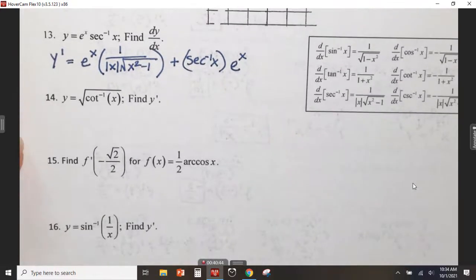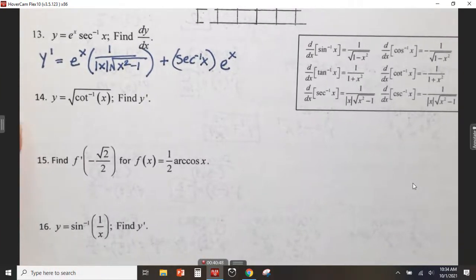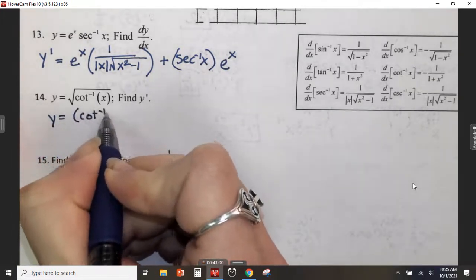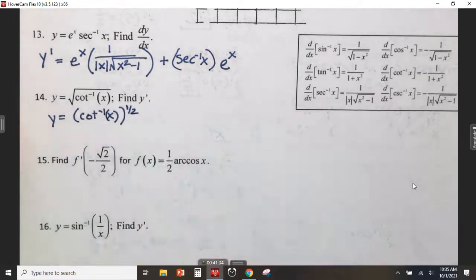All right, number 14. On this one, we're going to have to use the chain rule to find the derivative. The outside function is the square root, but to use the power rule, I probably want to think of it as 1/2 power. Y equals inverse cotangent of x raised to the 1/2 power.